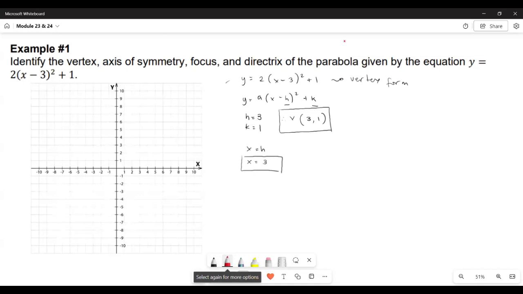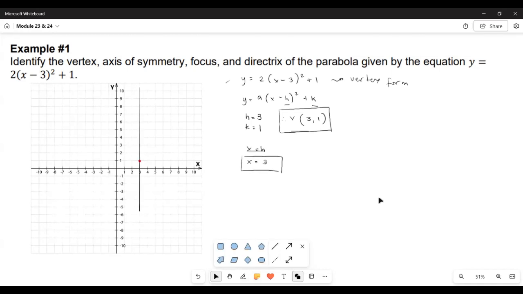Kung ang vertex natin ay magfo-fall dito, tapos yung ating axis of symmetry daw ay magfo-fall dito sa part na to, which is tama naman dahil tatamaan niya yung vertex natin. So pwede din natin siyang sulatan. Ito ay x is equal to 3.